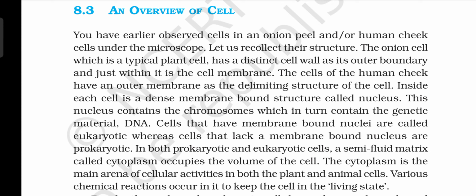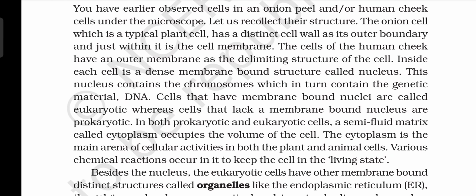The cells of the human cheek have an outer membrane as the delimiting structure of the cell. Inside each cell is a dense membrane-bound structure called the nucleus. This nucleus contains the chromosomes, which in turn contain the genetic material, DNA.